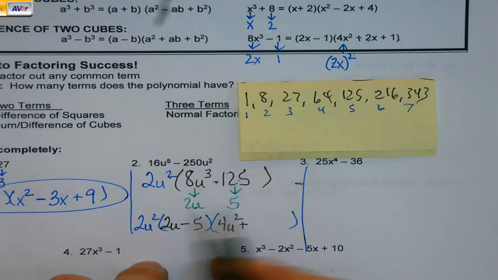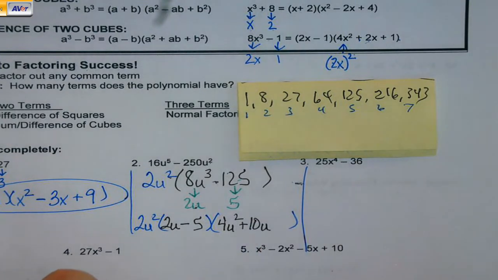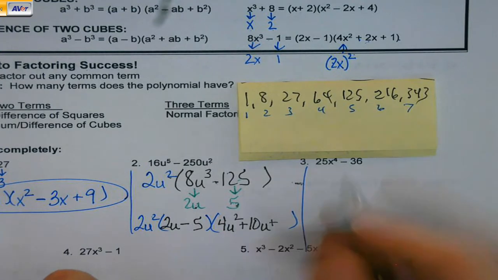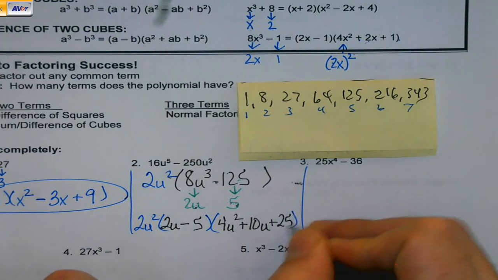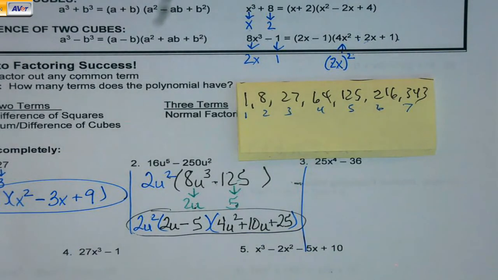Multiply my 2 terms together. And again, you don't deal with signs up here. That's in my pattern. So 10u. And then plus squaring my last term. 5 squared is 25. Okay, so just because there's a common term doesn't mean I'm going to be able to factor it. Sometimes it'll help me to be able to factor it. But it's one of the things I'm going to have to watch for.